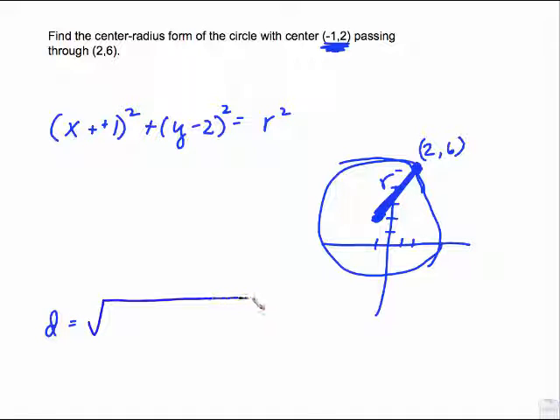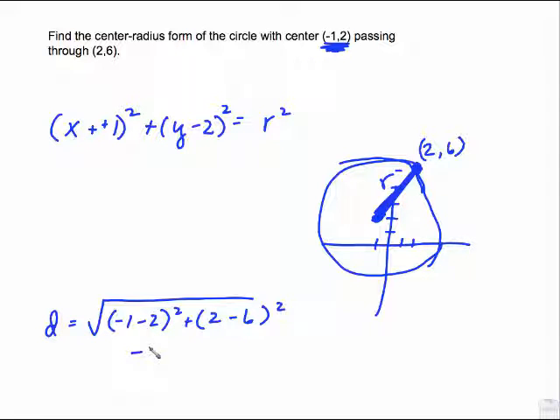The distance formula is the square root of the difference between the x's plus the difference between the y's squared. So I can do negative 1 minus 2 for my x's, and 2 minus 6. Does not matter what order you do this in. I could have done 2 minus negative 1.